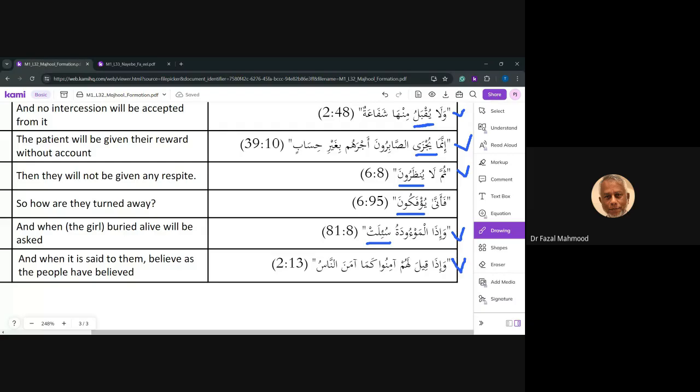From Kala, it's Kila, a different pattern. It is an example of irregular verb, ghairu sahi. Irregular verb means those verbs which will have waw or ya in the middle or at the beginning or at the end. This is part of module 2, in the very last chapters coming.